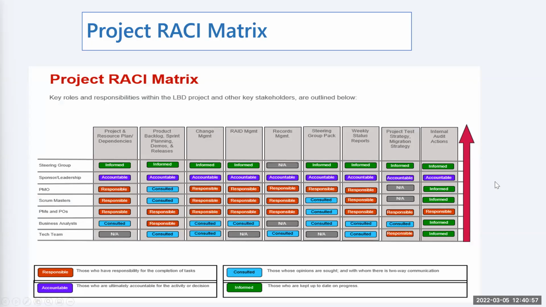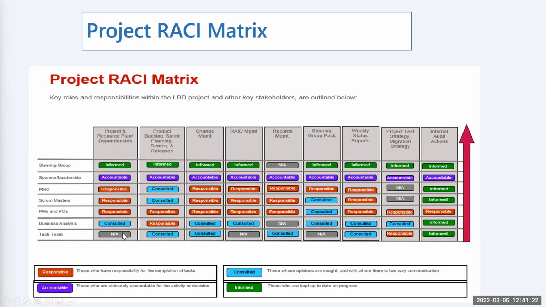So this was picked from one of our documents that we used, right? And it just shows who needs to be informed, who is accountable for the project, who is responsible. You can see the responsible ones. You can see where the PMOs, Scrum Masters, and the PMs are involved. And you can see, depending on the deliverables, right?